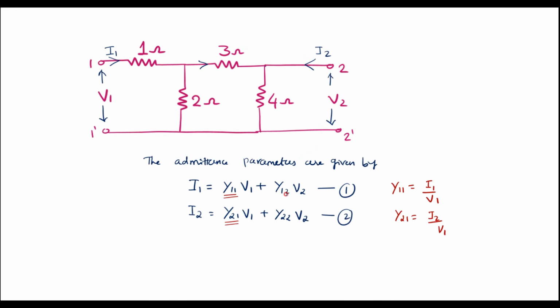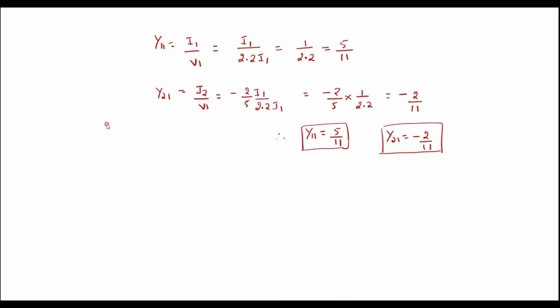Now to find Y12 and Y22, we should short V1. We have to make V1 equal to 0. Making V1 equal to 0 means we have to short terminal 1 1 dash. So to find Y12 and Y22, short terminal 1 1 dash, that is V1 equal to 0.